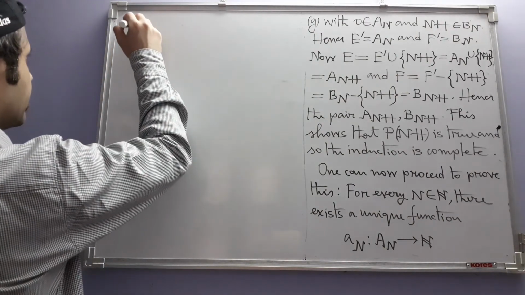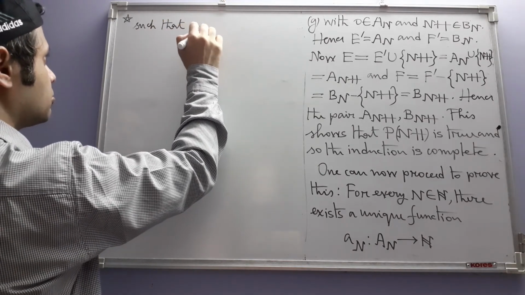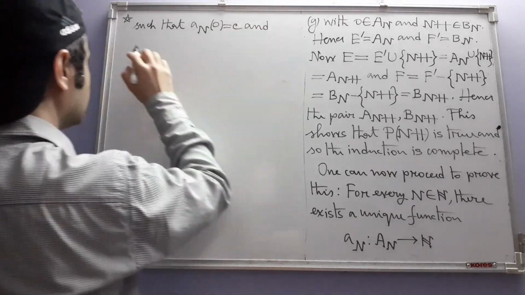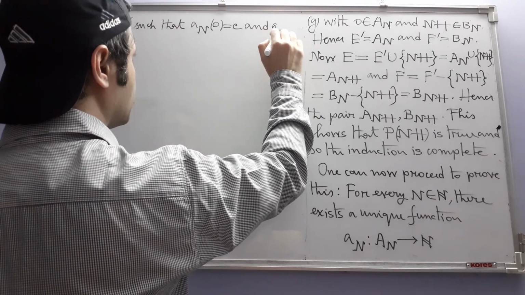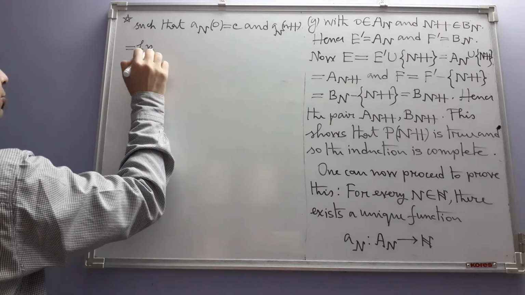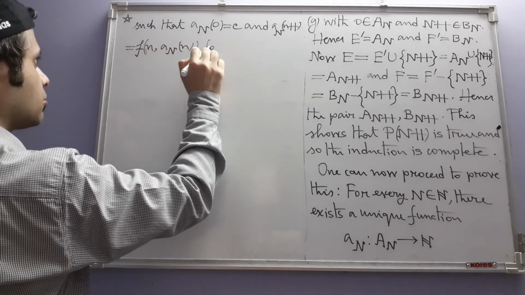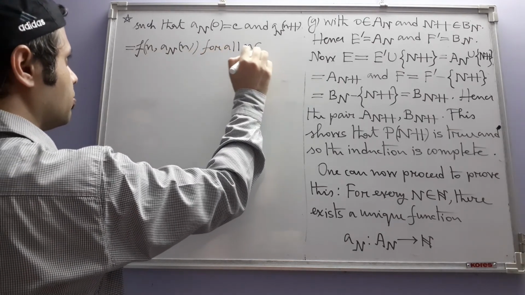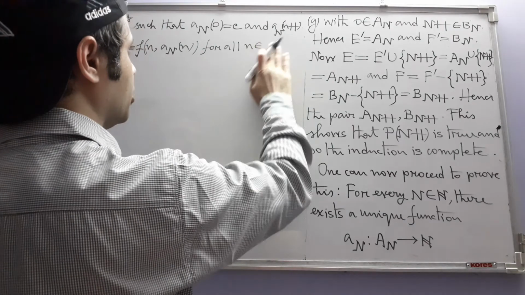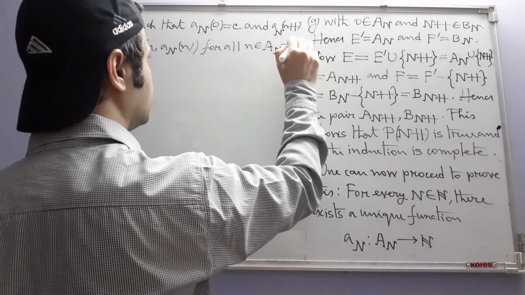A unique function such that an of 0 is equal to c and an of n plus plus is equal to f of n comma an of n for all n belonging to N, no, not for all n belonging to N, for all n belonging to An minus n.